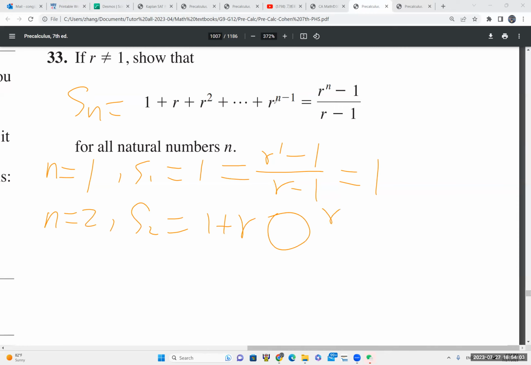So n is 2, r squared minus 1 over r minus 1, so this is just equal to r plus 1, right? So they are equal. That being said, this statement is true, right? So let me write here, true.